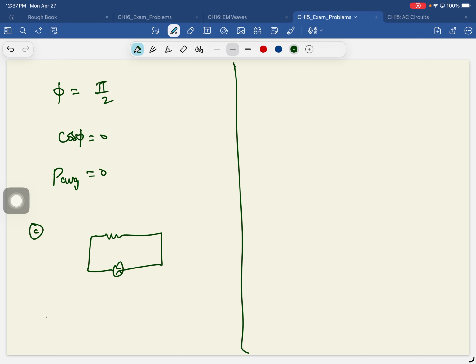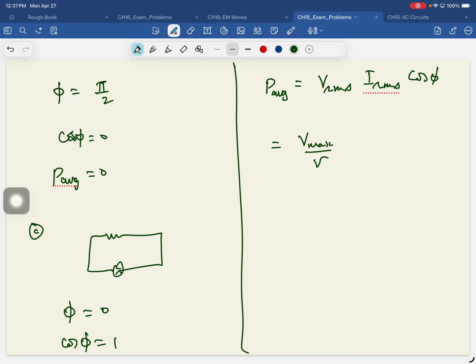phi is 0. So average power delivered is VRMS times IRMS times cosine phi, which is 1. Okay, so VRMS is Vmax by root 2, Imax over root 2 times 1.